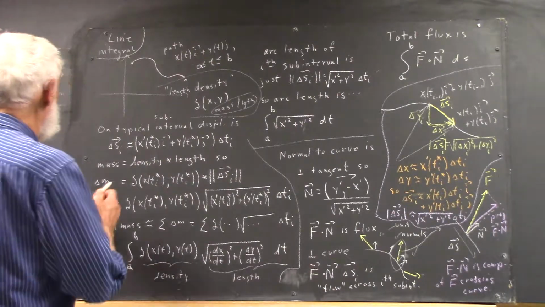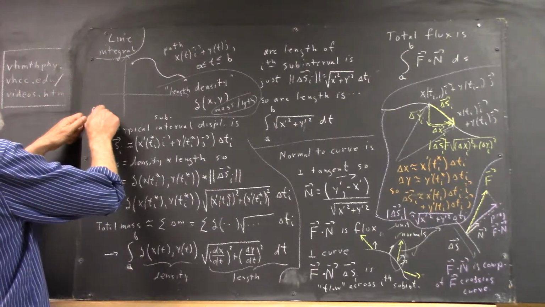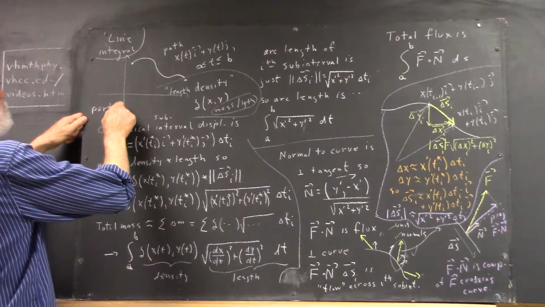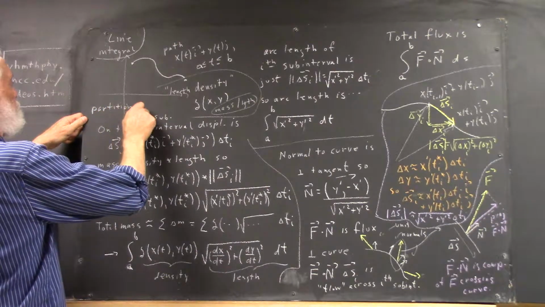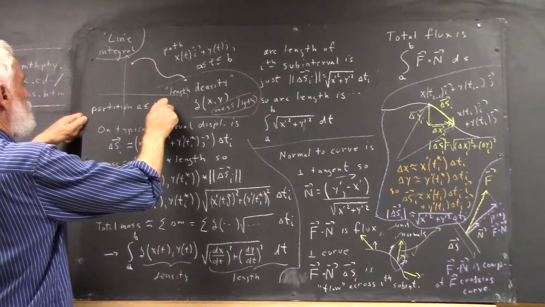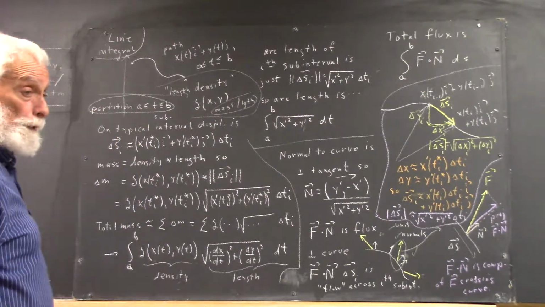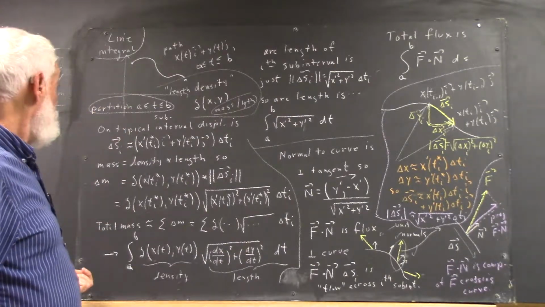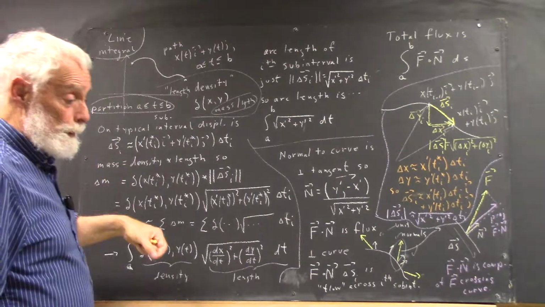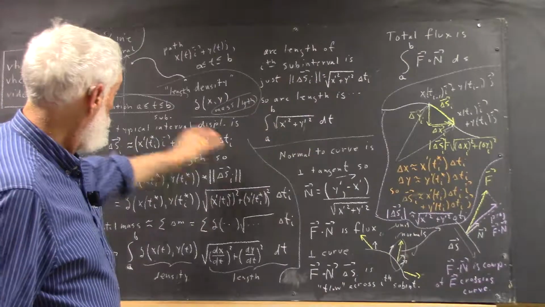Maybe I should have written this down. I said it and it was implicit within our context, but let's partition the interval a less than or equal to t less than or equal to b in the usual manner: t naught is going to be a, and then t1, t2, and so forth up to tn, which is b.